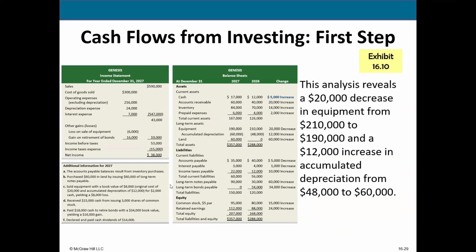So if we look at our example, our changes are in equipment and land. And so those changes in equipment and land would be what we would reflect on the investing activities.